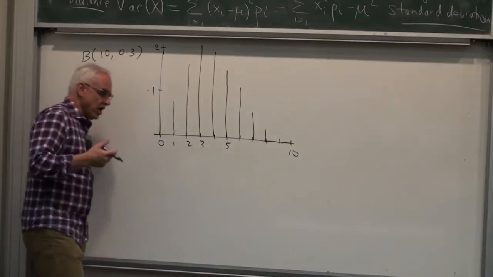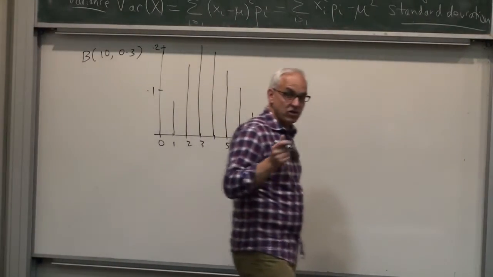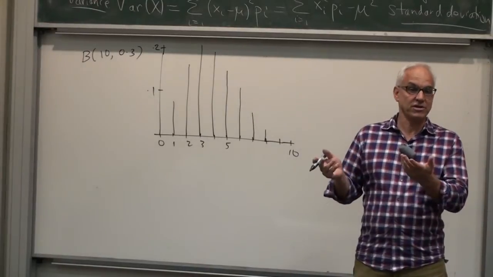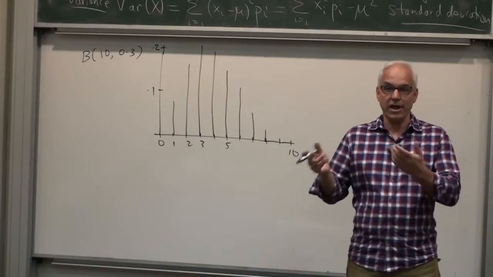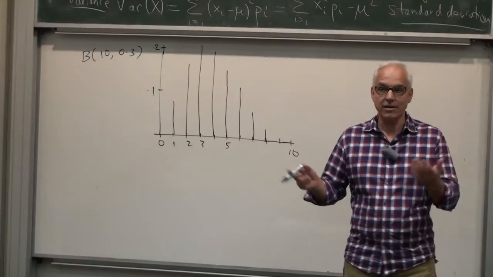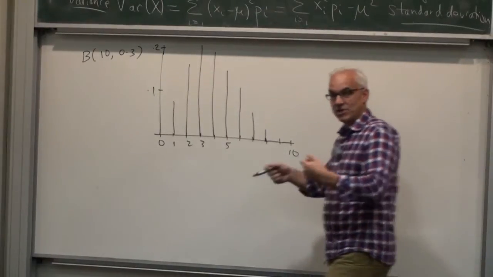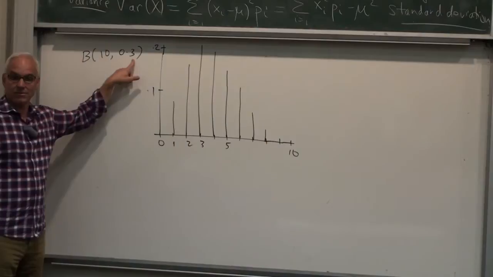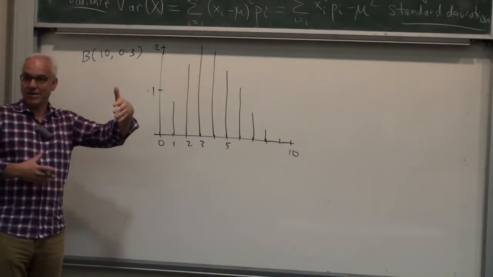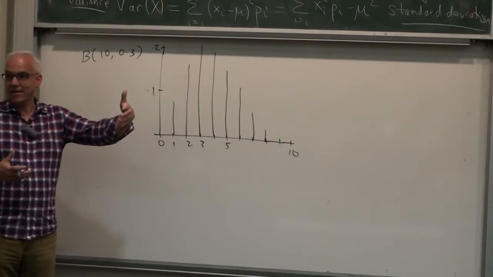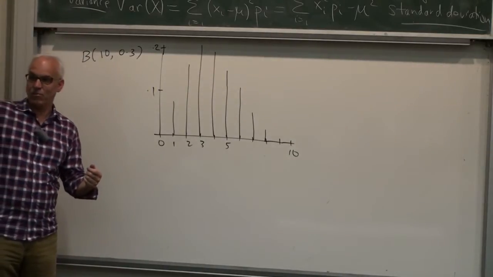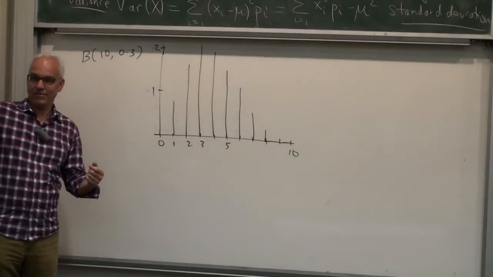So maybe it's better not to think in terms of a weighted coin, but think in terms of a competition between two sports teams or tennis players. Okay? If you and your friend play tennis regularly, but if your friend is considerably better than you, so maybe your friend is better so that on any given day, your probability of winning is 0.3 and his probability of winning is 0.7. All right?